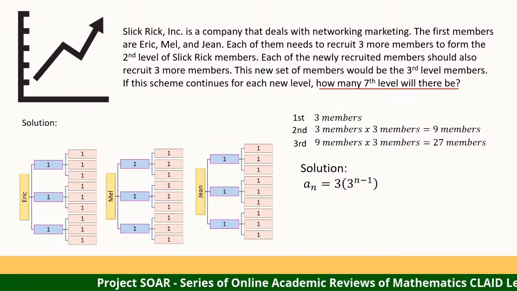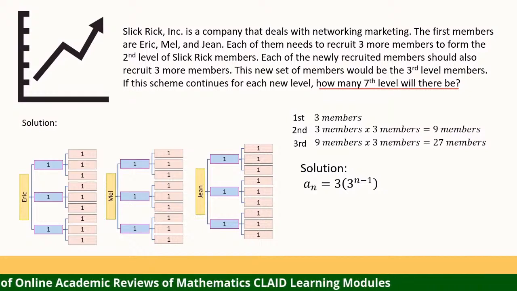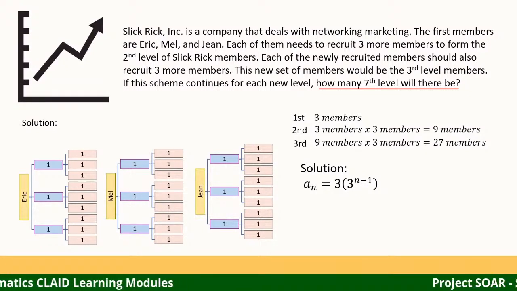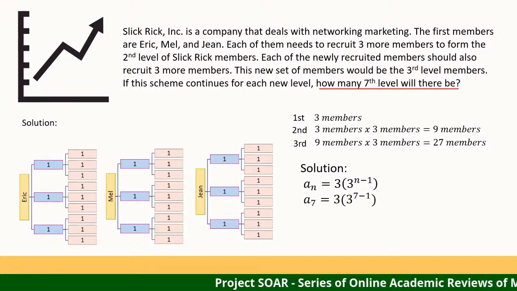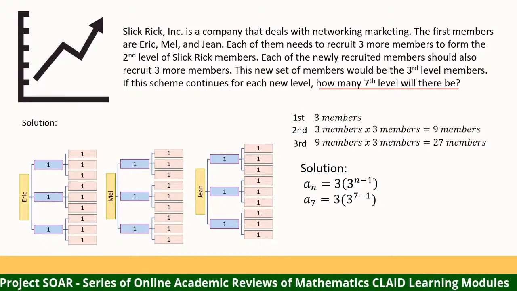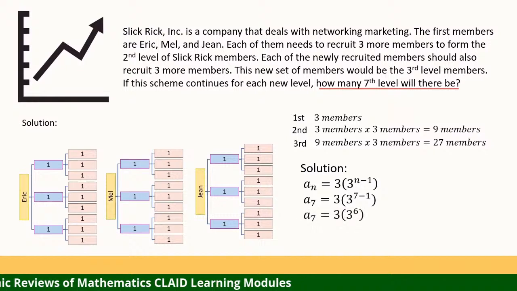Okay. So for the solution, we use the a sub n is equal to 3 times 3 raised to n minus 1. So we have here, substitute for the 7, we have a of 7 is equal to 3 times 3 raised to 7 minus 1.